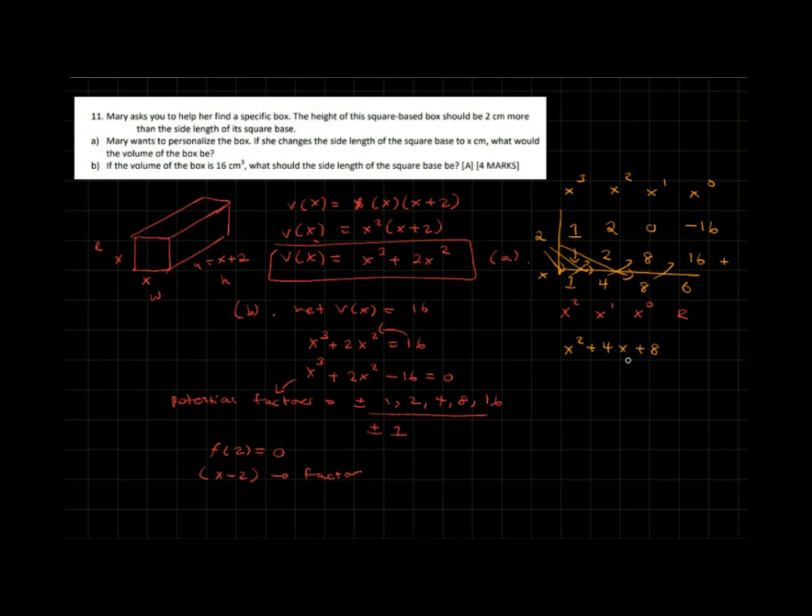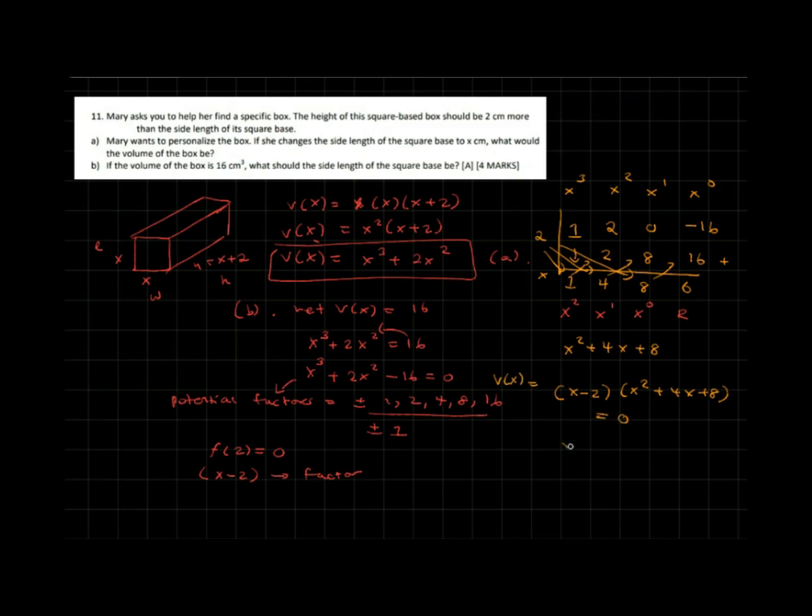You can attempt to factor this. In this case, this actually isn't factorable, so you can just leave it like this. So one of your factors is x minus 2, the other is x squared plus 4x plus 8, right? And this is basically your volume function. So this is another way you can write your volume function.